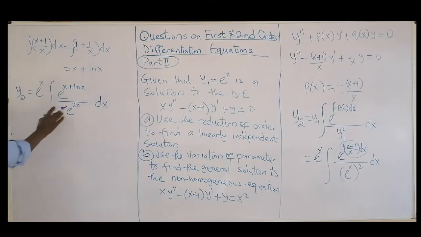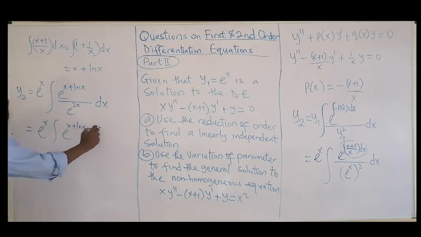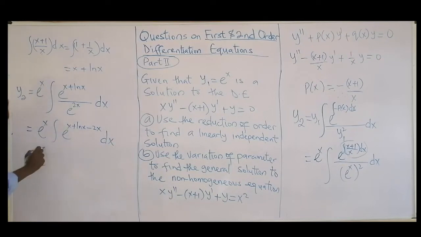Then we can combine the exponentials using indices. The bases are the same, so you subtract the powers because you are dividing. That gives e to the x times the integral of e to the ln x plus x minus 2x, dx, which is e to the x times the integral of e to the ln x times e to the minus x, dx.